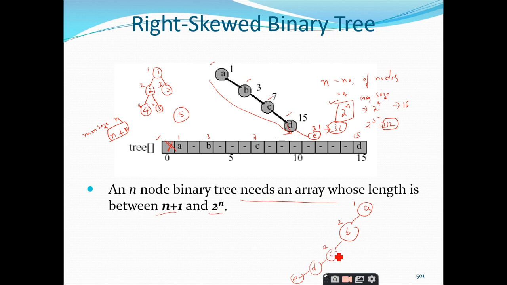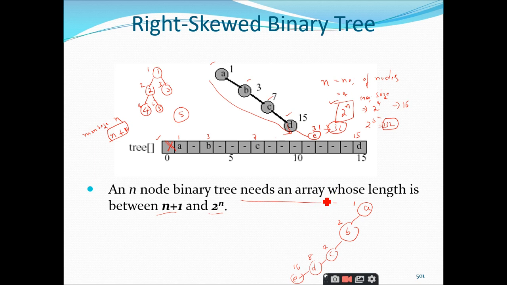It is nothing but 4. What is the left child of 4? It is 8. What is the left child of 8? It is 16, sir. Now tell me whether the left skewed binary tree is going to take the same number of locations as the right skewed binary tree, or fewer locations. Less, sir.